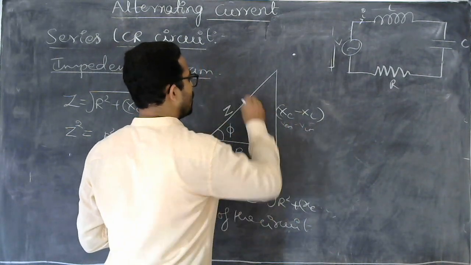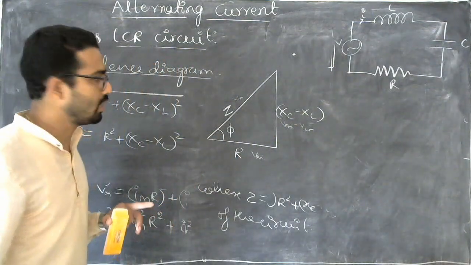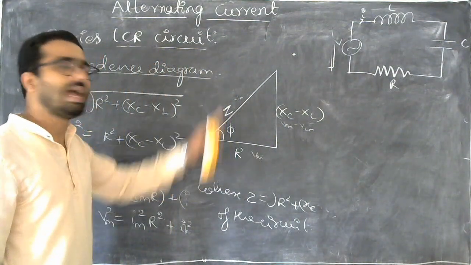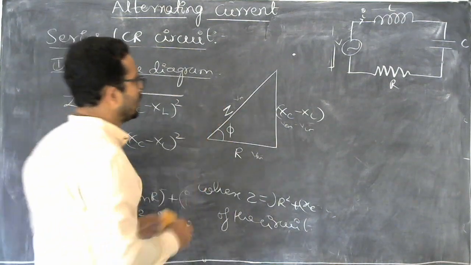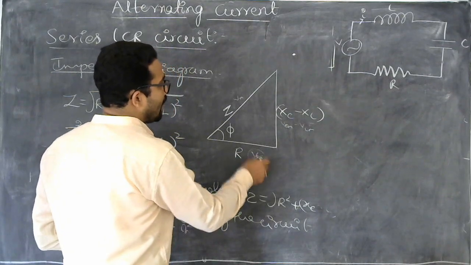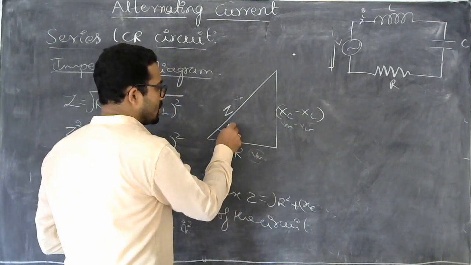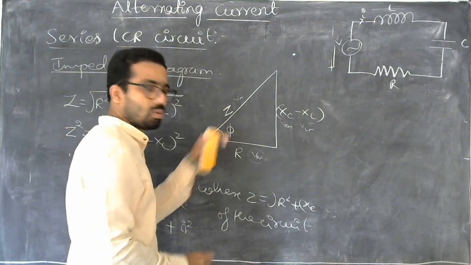In this place, we have written V m. You can compare, this is the diagram you have drawn previously. In comparison with this, we have written like this. So the angle between VRM and V was phi. The same angle we can see here also.